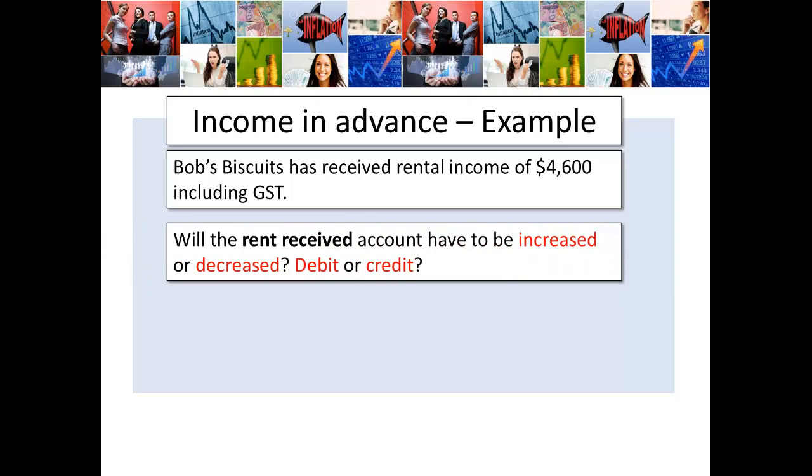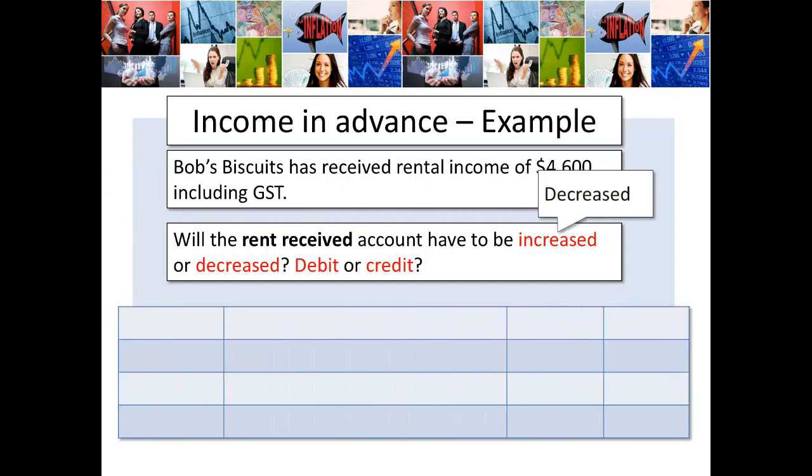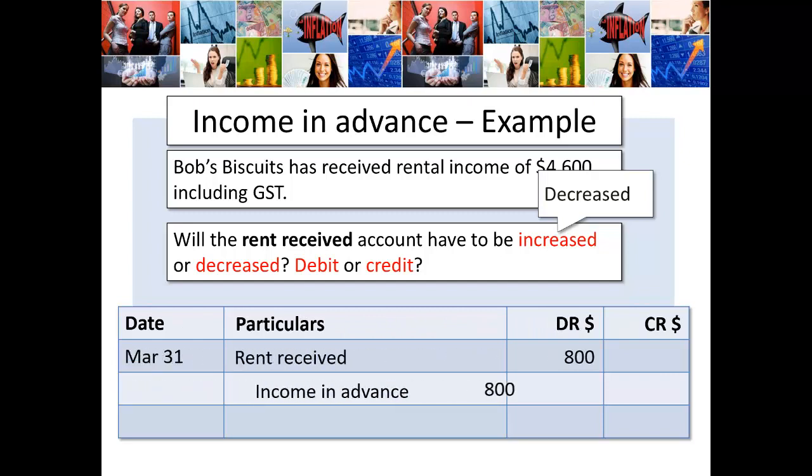The rent received account, is that going to be increased or decreased? Debit or credit? Right. Now we haven't earned this rent yet, so we're going to have to decrease that, which is a debit. And income in advance is a liability.